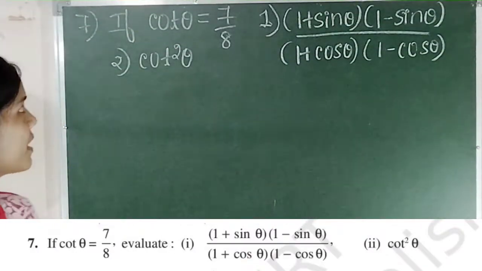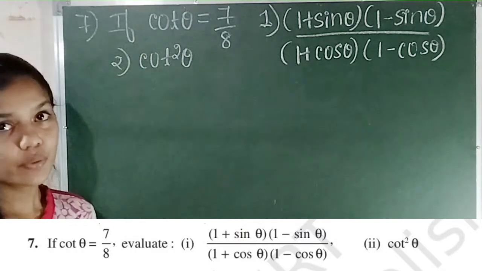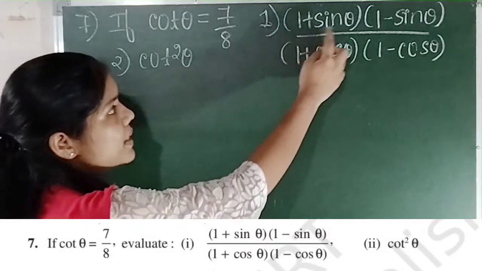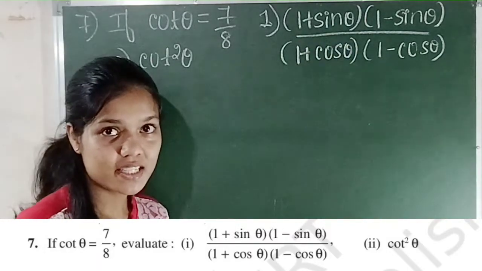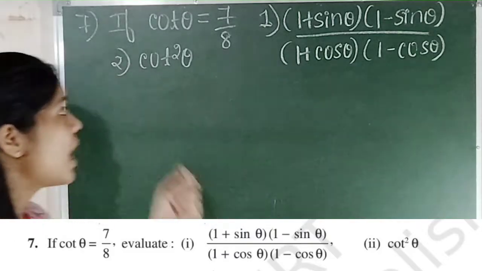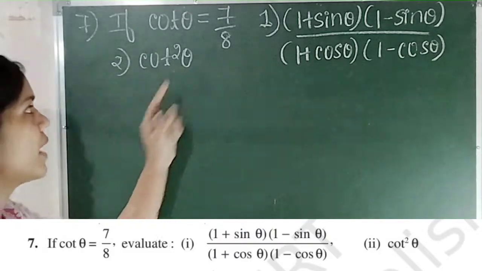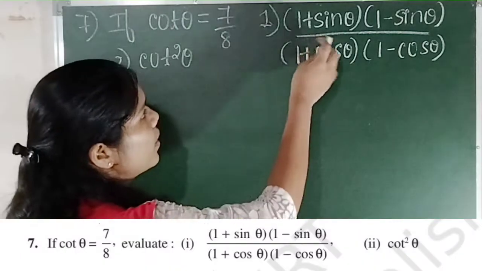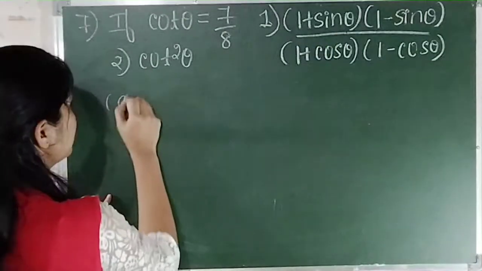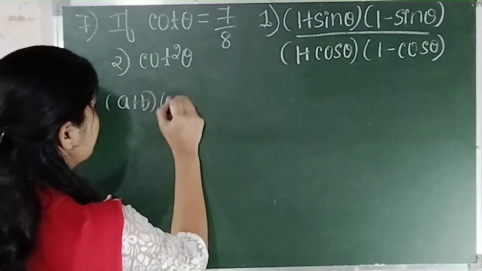So question number 7. If cot theta is equal to 7 by 8, you have to evaluate 1 plus sin theta into 1 minus sin theta divided by 1 plus cos theta into 1 minus cos theta. And the second question is cot square theta. So what is A plus B into A minus B?